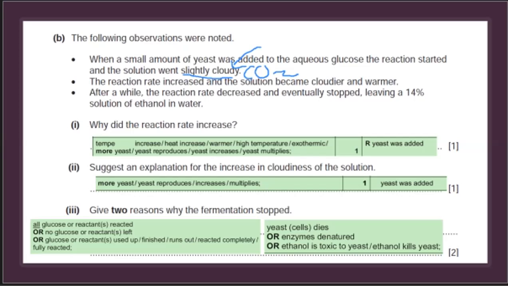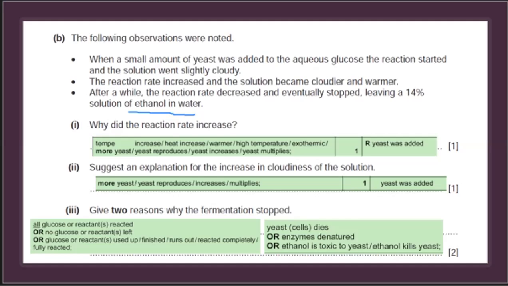So the reaction rate increases and the solution becomes cloudier and warmer. After a while, the reaction rate decreases and eventually stops, leaving a 14% solution of ethanol in water.